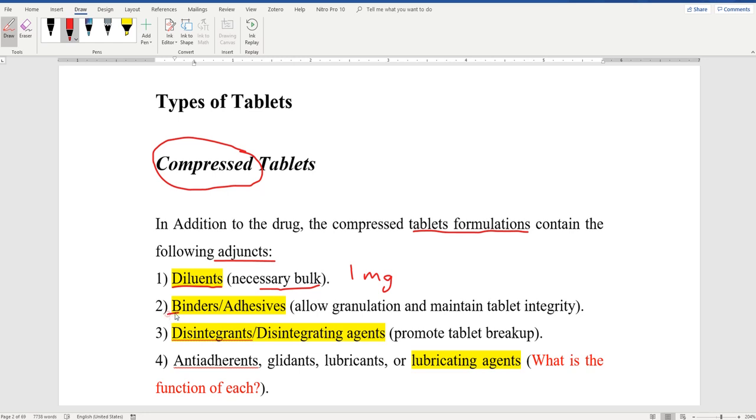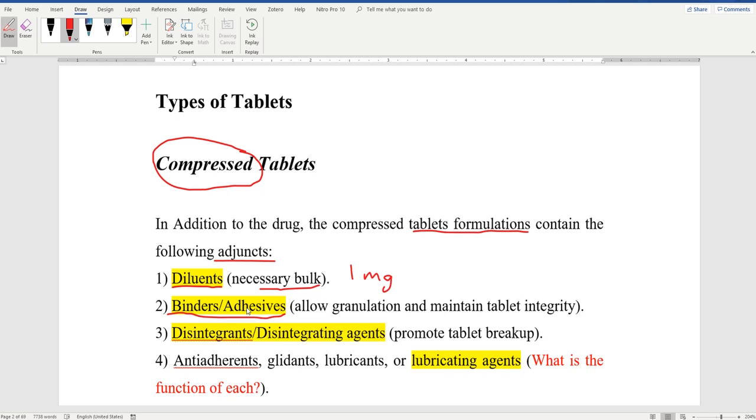The other group of ingredients that we may need is the binders or adhesives. And here I want you to remember the topic about powders and granules. If you go back to this topic, you remember when I was talking about wet granulation, I said that we add binder. It's a material that usually dissolves in water, and we use water as a vehicle.